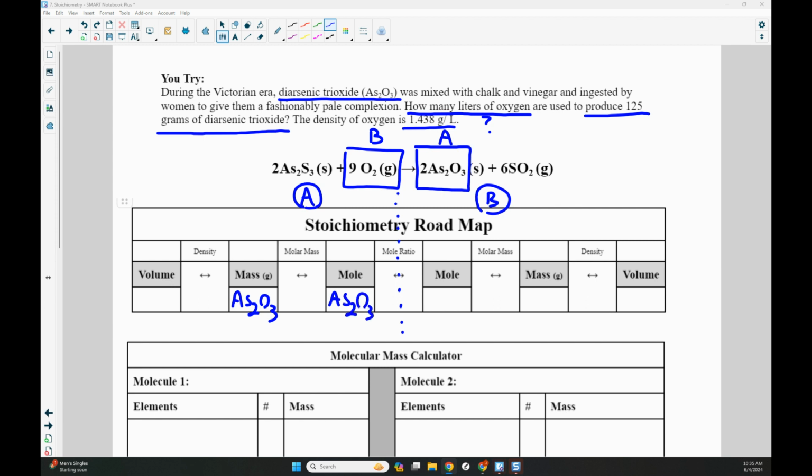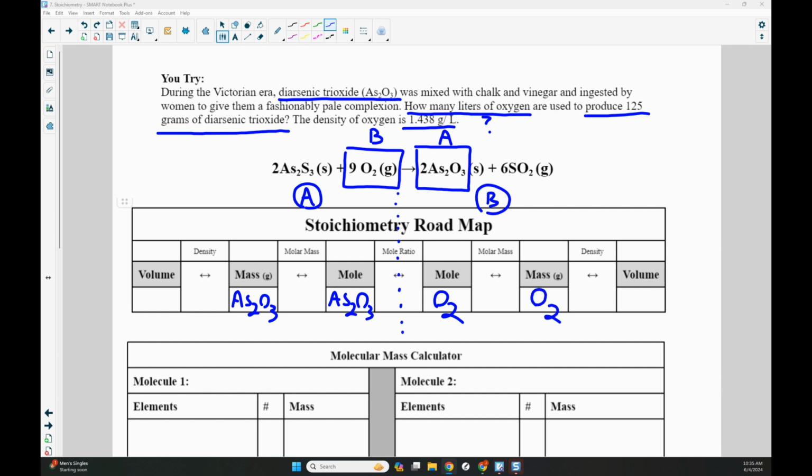And then we're going to change to our other chemical, the one that we're interested in, using our mole ratio, which is 2 to 9 from the equation. And we're going to convert from diarsenic trioxide to oxygen, O2. Then we're going to have to figure out how many grams that amount of oxygen is.